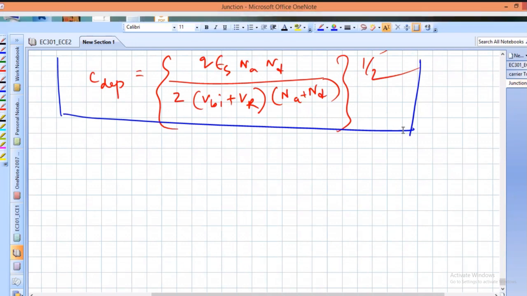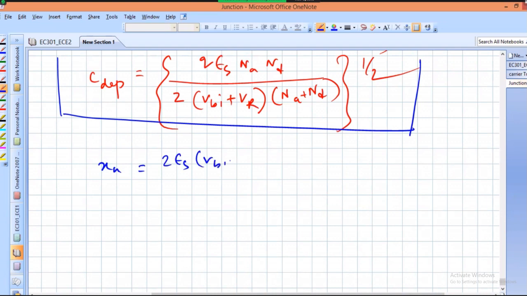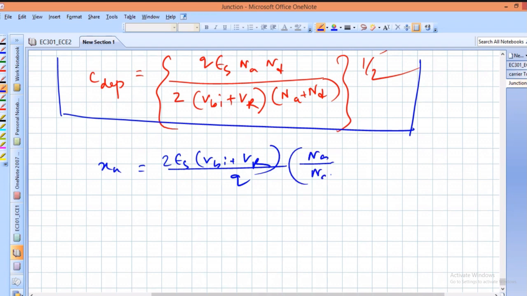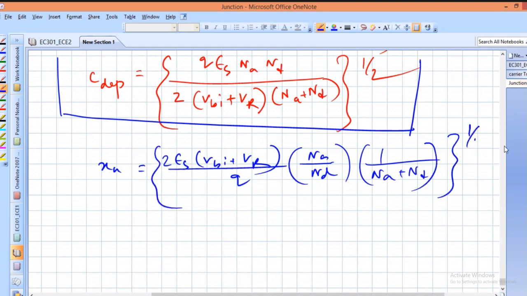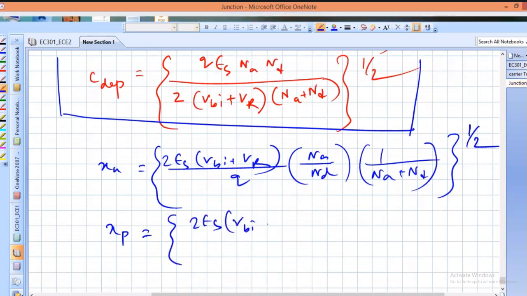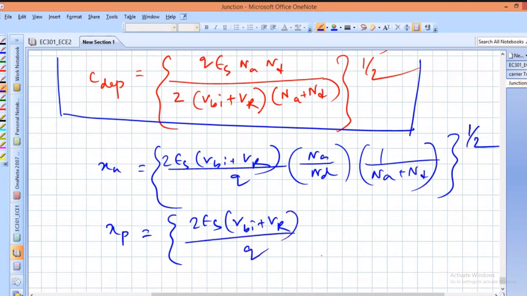If you carefully see the equation of xn, suppose I'm writing here, xn is equal to square root of 2 epsilon s (Vbi plus VR) by q, Na by Nd, 1 divided by Na plus Nd, and xp is equal to square root of 2 epsilon s (Vbi plus VR) by q, Nd by Na.